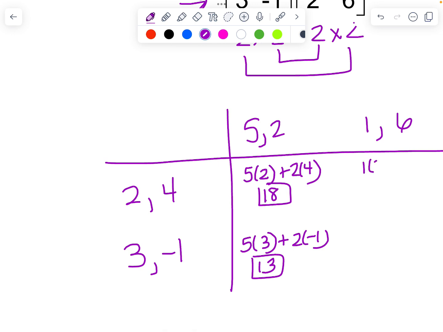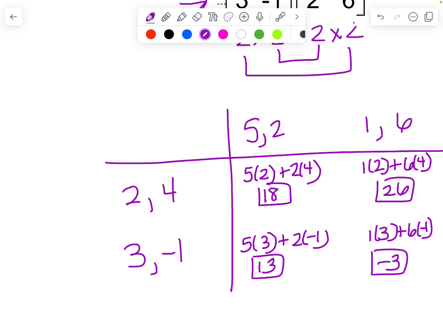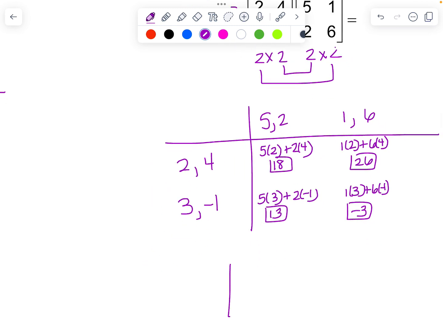I would do 1 times 2 plus 6 times 4, which is going to be 26. This is going to be 1 times 3 plus 6 times negative 1, which is going to be negative 3. So my new answer is going to be 18, 26, 13, negative 3.